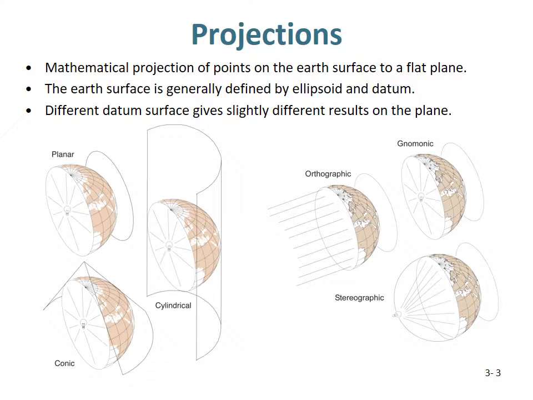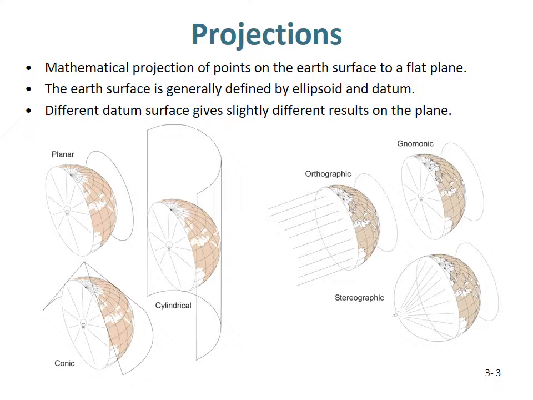Cylindrical is going to be tangent at a line of latitude wrapped around the planet, usually the equator, but it can be anywhere and in any orientation that you want around the planet. All of those are going to have different distortions that they introduce to the projected data set. Okay, so those are families of projections.